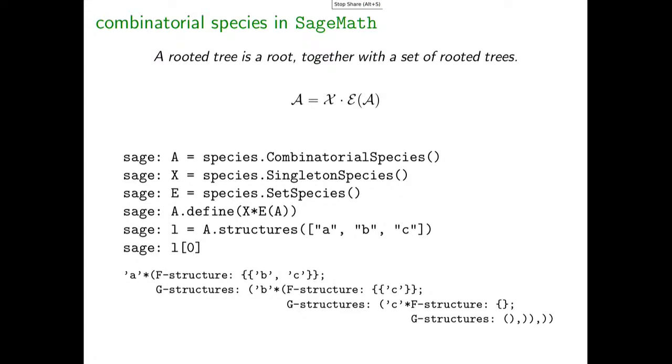So the F species is E, and the G species is A. The generic definition of composition was F of G, and here we have the special case F is sets and G is rooted trees.